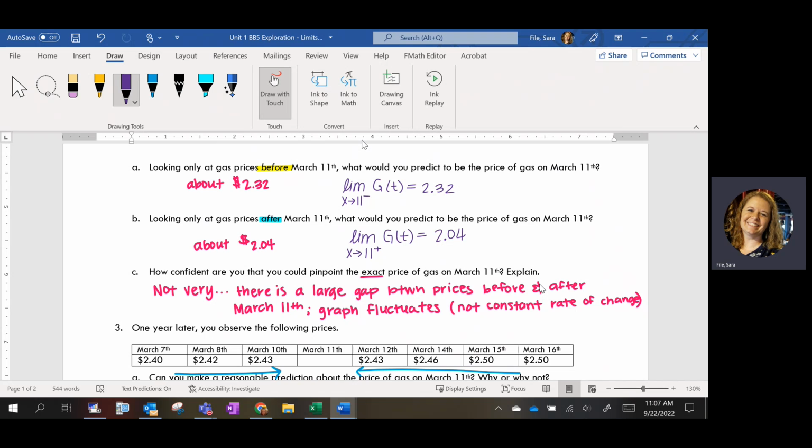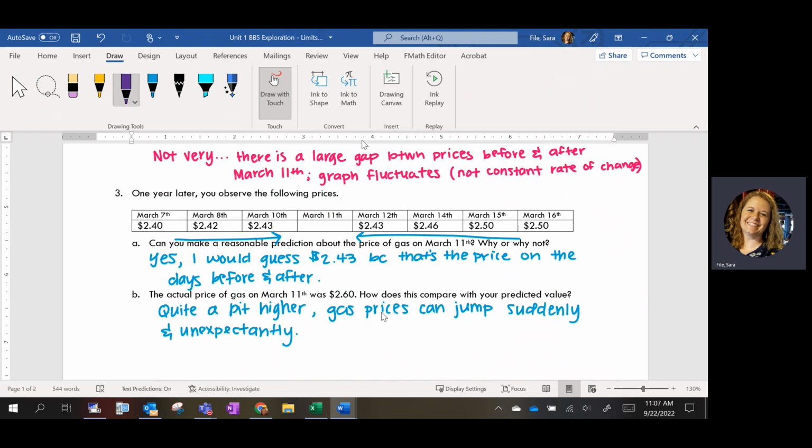Now, part C had asked how confident we were that we could pinpoint the exact price, and we said not very confident. That's because the limit from the left did not equal the limit from the right. So the limit did not exist. That's why we were not confident in making a prediction. Does that make sense? Then we did a similar one.